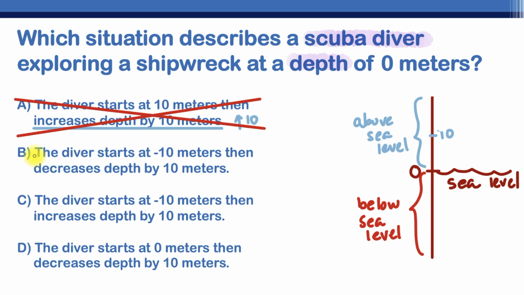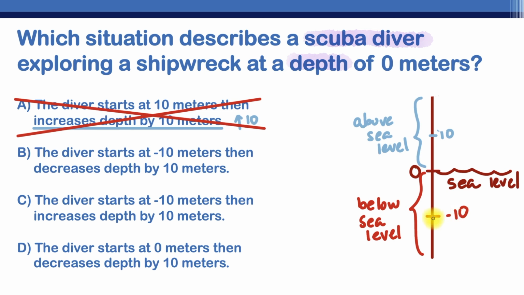So now let's take a look at choice B. The diver starts at negative 10 meters, then decreases depth by 10 meters. So the diver is starting at negative 10, so we'll put negative 10 down here and label it negative 10.